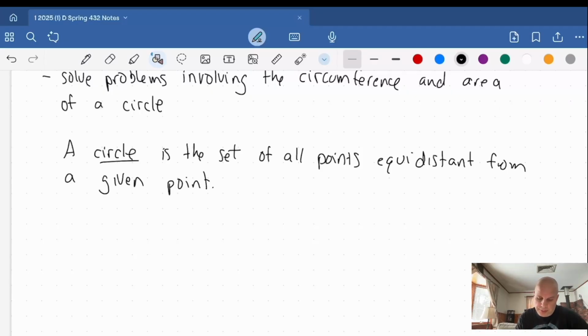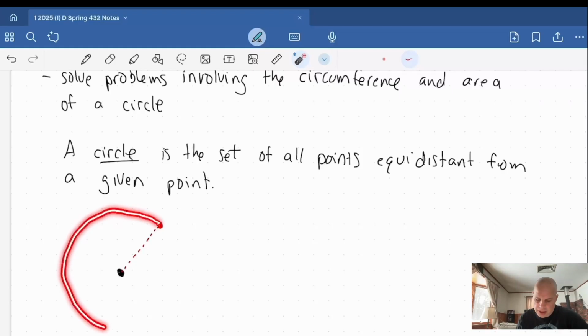So let me give you an example. Let's say that we have this point right here. And let's say that I extend a distance here. If I draw the set of points that are all the same distance from that point, that is what's going to be our circle.